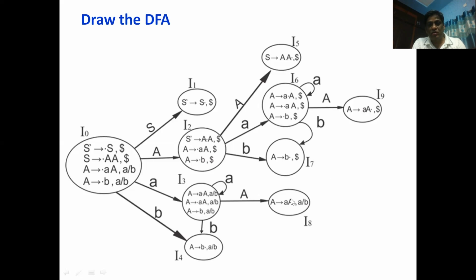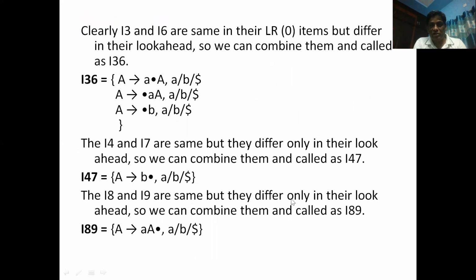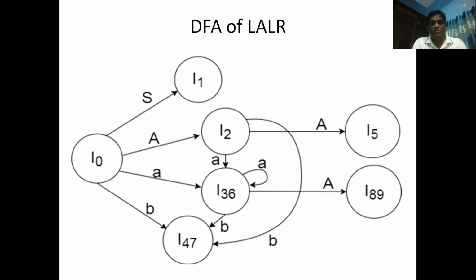Okay, so now after merging, what you get is this new DFA. So I3 and I6 are merged together, I4 and I7 are merged together, I8 and I9 are merged together. Okay, and the connections will remain the same. Okay, right. So this is the DFA of LALR parser.